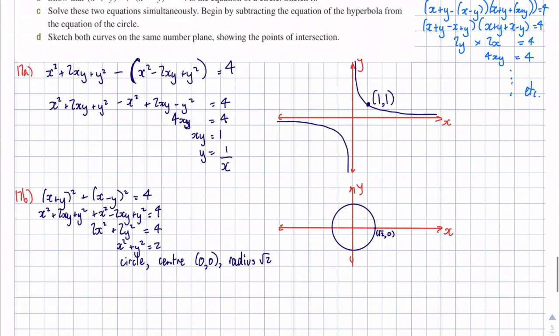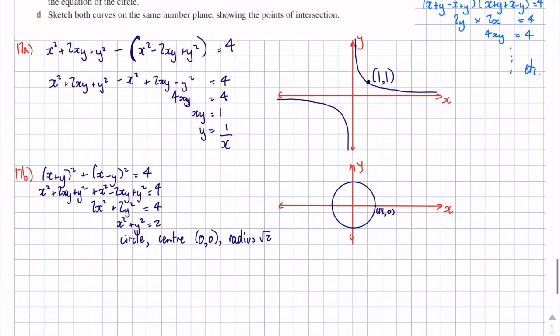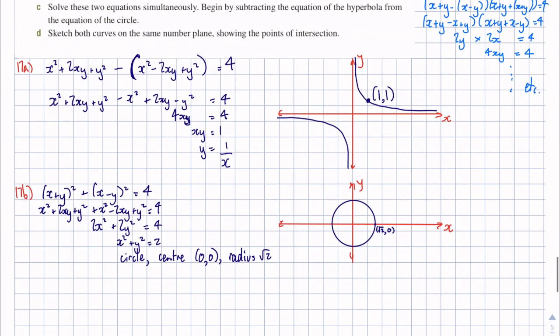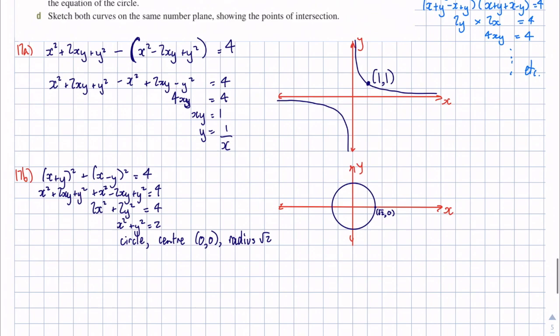Okay, solve these two equations simultaneously. Begin by subtracting the equation of the hyperbola from the equation of the circle. Actually no, there must be a better way to do this.